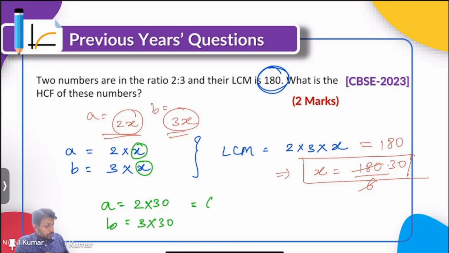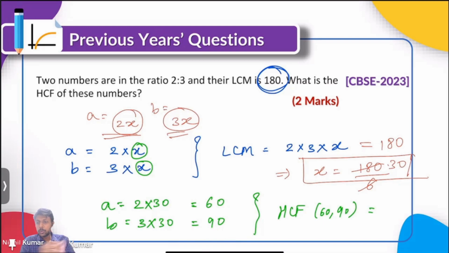So 60 and 90. Can you find out the HCF of 60 and 90? You can use the factor tree method, or you can use the prime factorization method, the division method, up to you. You know how to do this. You are in class 10 and you'll get the value as 30. So same answer.